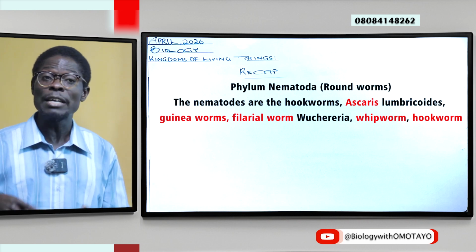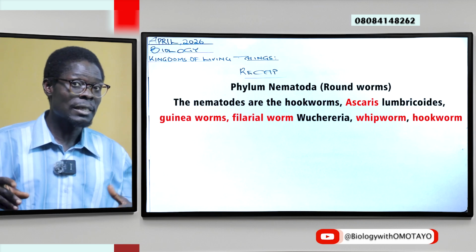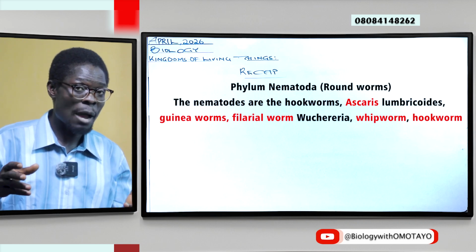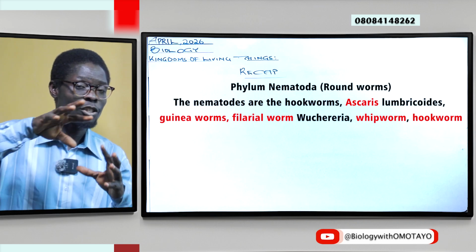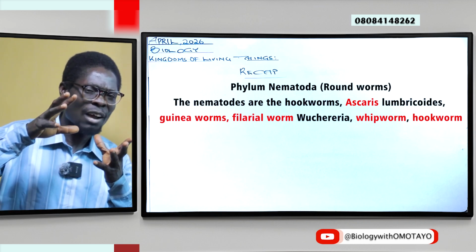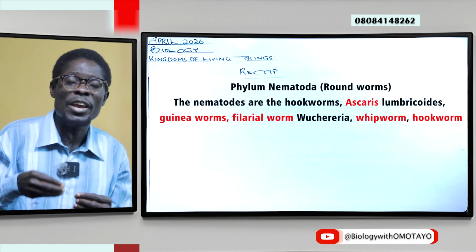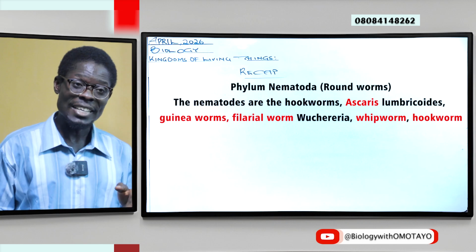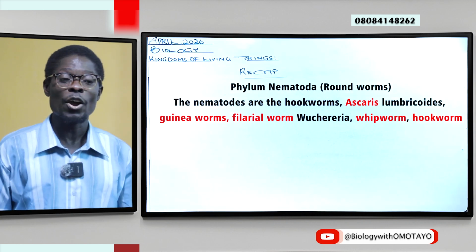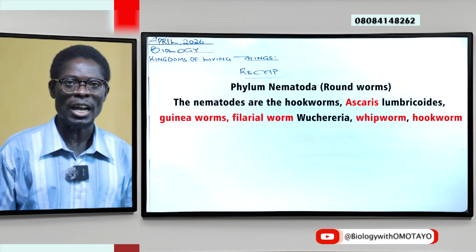Even though it seemingly looks as though they have 3 body layers, that is the ectoderm, mesoderm, endoderm, we discovered that there is a pseudocoelom cavity where fluid is always impregnated to give a form of hydrostatic skeleton. Also, under this very phylum Nematoda, we have worms with bilaterally symmetrical body.